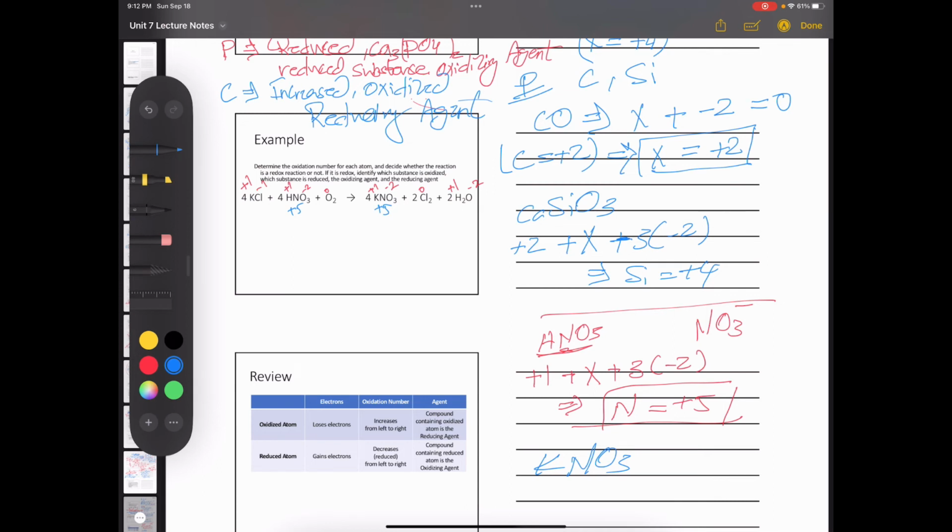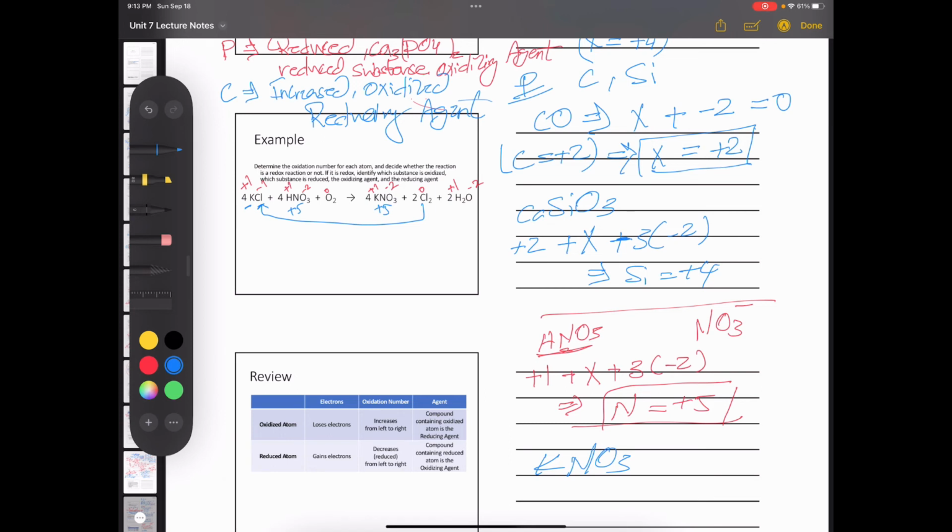So at this point, every atom has been assigned an oxidation number. I just need to track if there is any change between the reactants and the products. Potassium never changes, okay? Chlorine is a negative 1, and then it's now a 0. So the oxidation number has increased from a negative 1 to a 0.